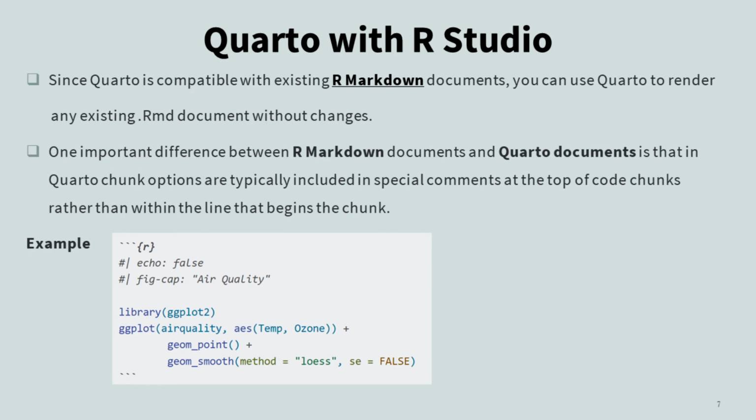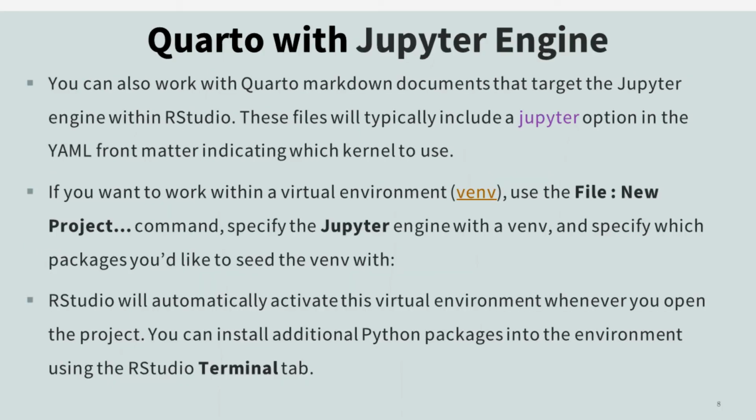An example is shown here. The #| special comment sign shown below the R codes is used to include chunk options. Note that a figure caption is included here, and by adding echo: false, we can show only the output and hide the R codes.